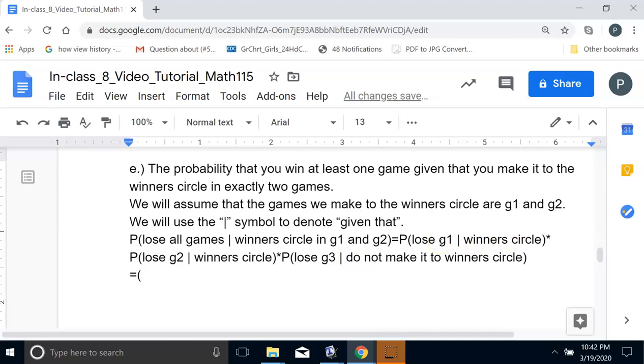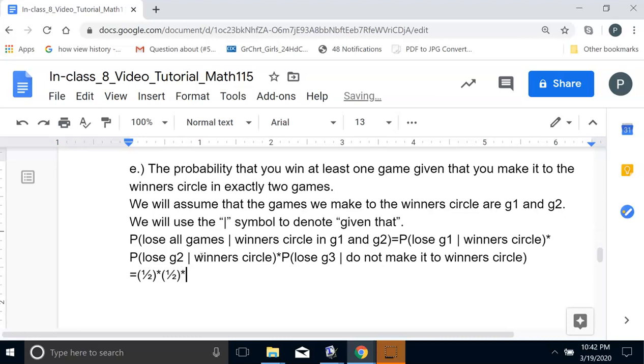So the probability that you lose is 1/2. Okay, so that's the first one. And then the probability you lose game two, given that you made it to the winner circle. Again, since you made it to the winner circle, there's a 50% chance that you'll win or lose, so it's a 50% chance that you'll lose.